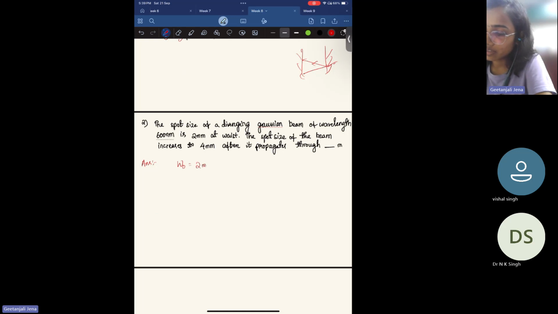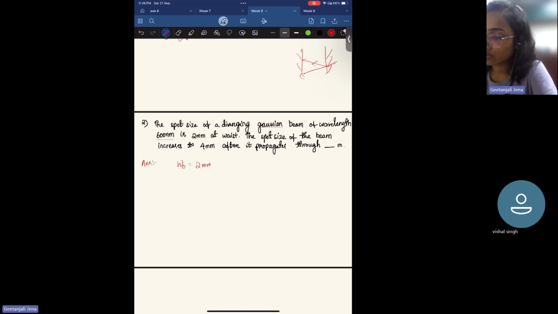It is 2 millimeter. And the spot size of the beam increases to 4 millimeter after it propagates through a certain distance. So it is asking after how long a distance the spot size will increase from 2 millimeter to 4 millimeter.